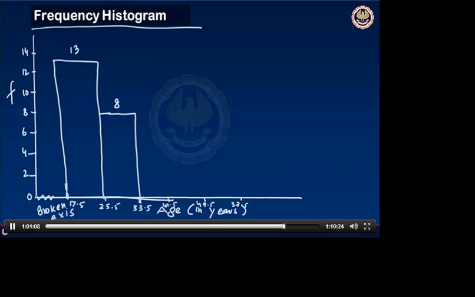Then we make one for 4, between this and this. Then between 41.5 and 49.5 we have 3. And finally between 49.5 and 57.5 we have 2. Remember, we made class boundaries, and these are used for making a histogram. So this is the age of students.